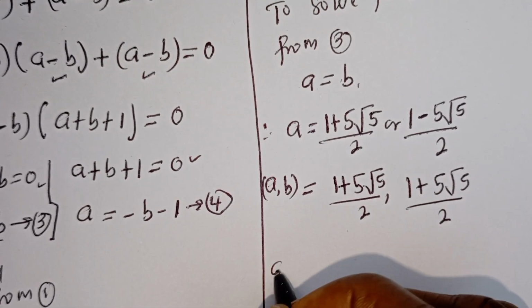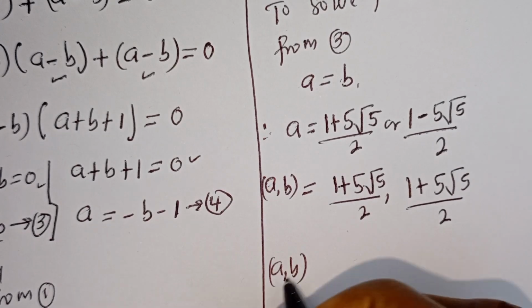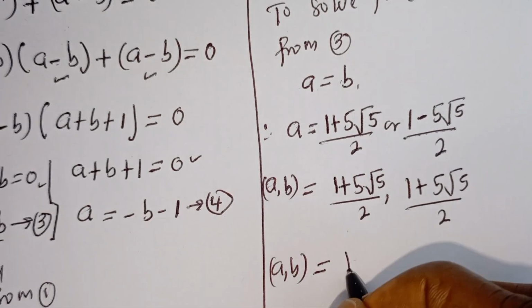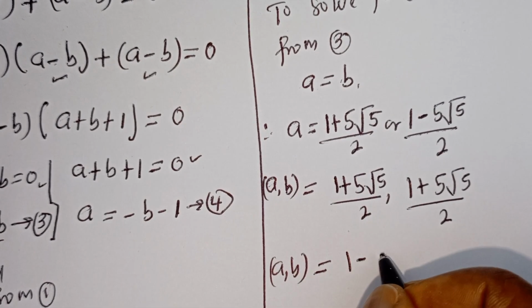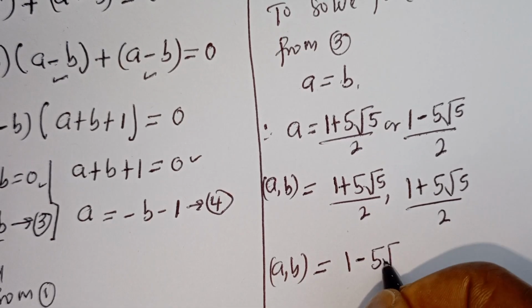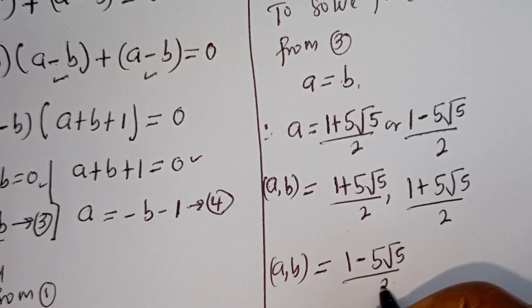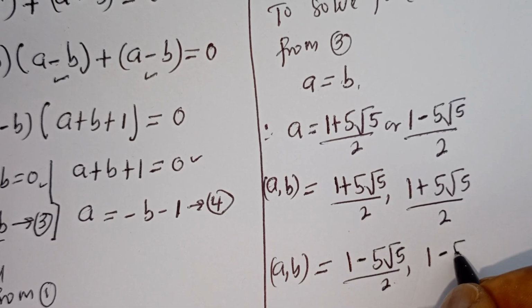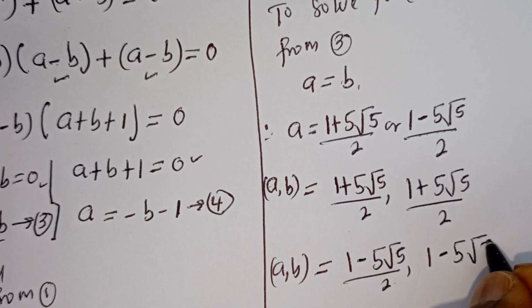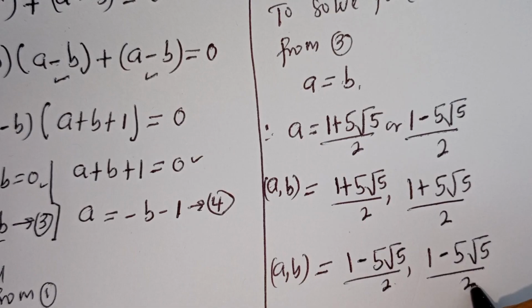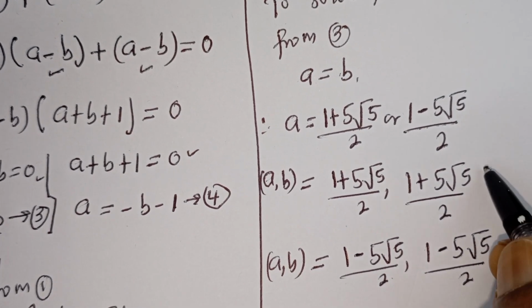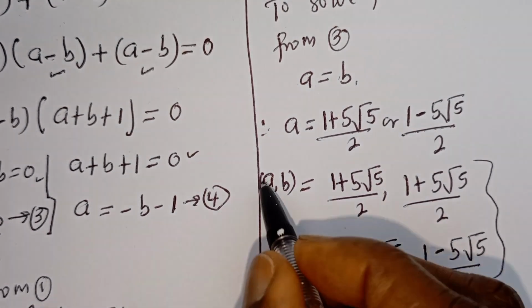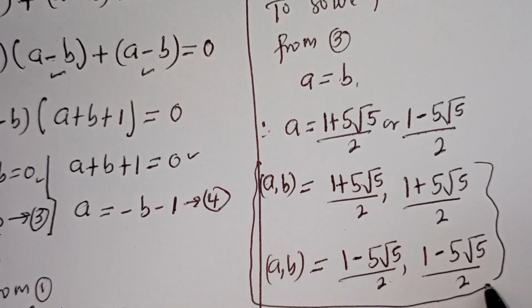Also, a comma b is equal to 1 minus 5 root 5 over 2, comma 1 minus 5 root 5 over 2. These are the values of a and b from the first case.